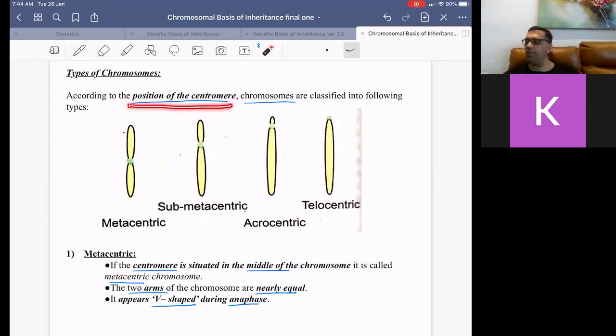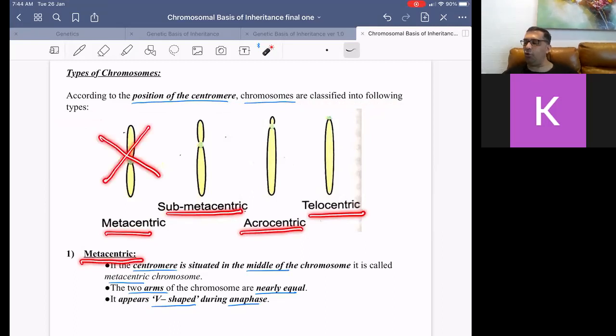According to the position of the centromere, chromosomes are classified into the following types: metacentric, submetacentric, acrocentric, and telocentric. Metacentric, the centromere is exactly in the center.